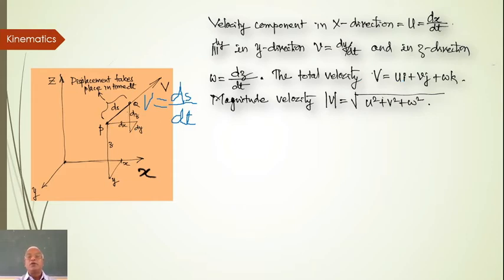So the resultant velocity V is equal to ui + vj + wk. u is the magnitude, i is the direction in the x direction, v again magnitude in the y direction, w is again magnitude in the z direction. So if you want to find the total magnitude of the velocity, it will be equal to the square root of u squared plus v squared plus w squared.